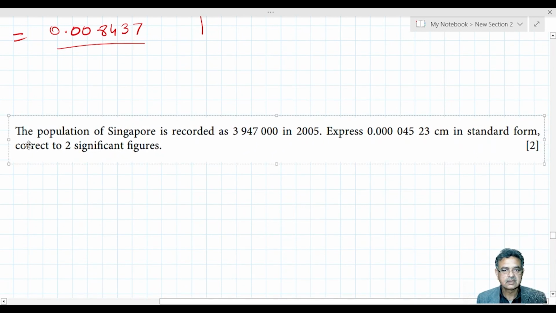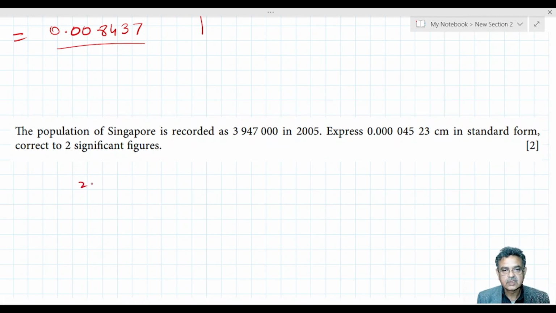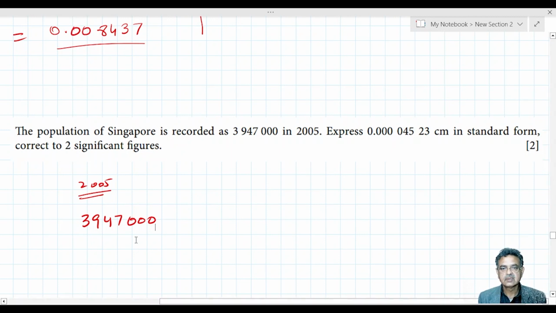This question, the population of Singapore is recorded as this much in 2005. In the year 2005, its population was 3947 with 3 zeros.